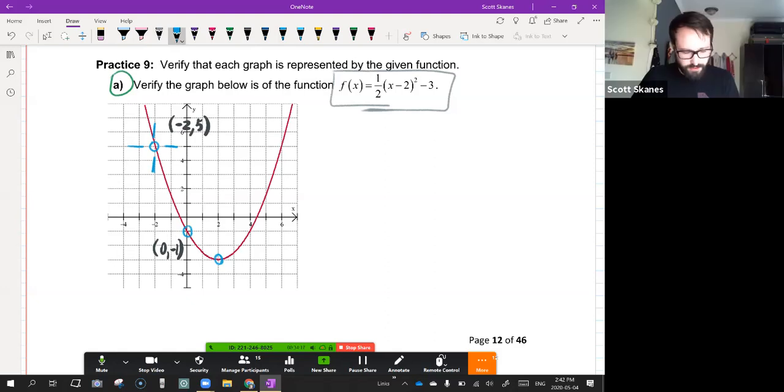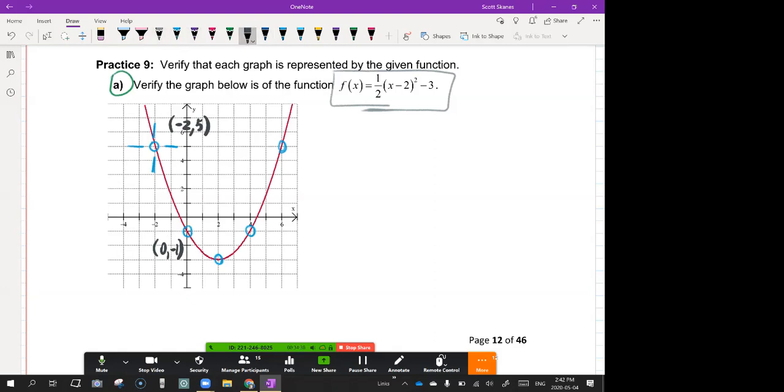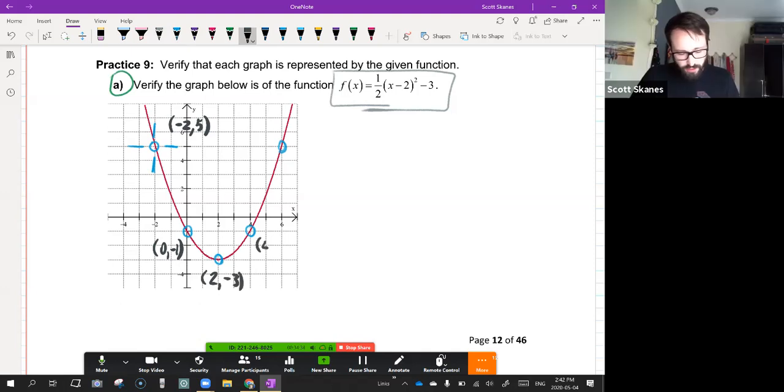I couldn't hear, 6 and 5? 6 and 5, exactly, yep. And I got one more. I'm looking at this one. I'm going to write them down. You don't need to write every single -1. Yeah. 2 and -3, 4 and -1, and up here we have 6 and 5.